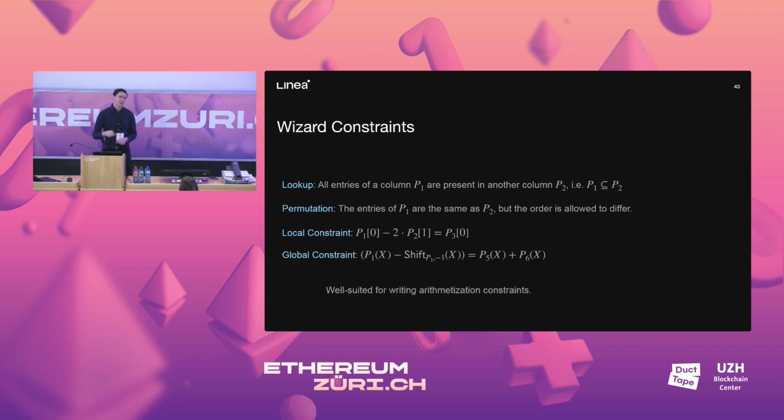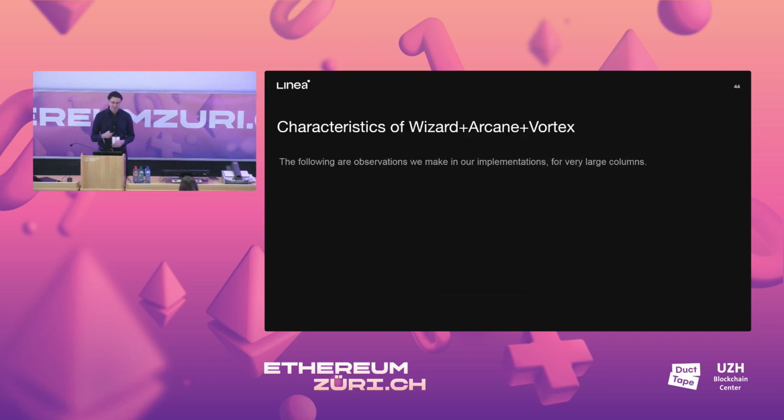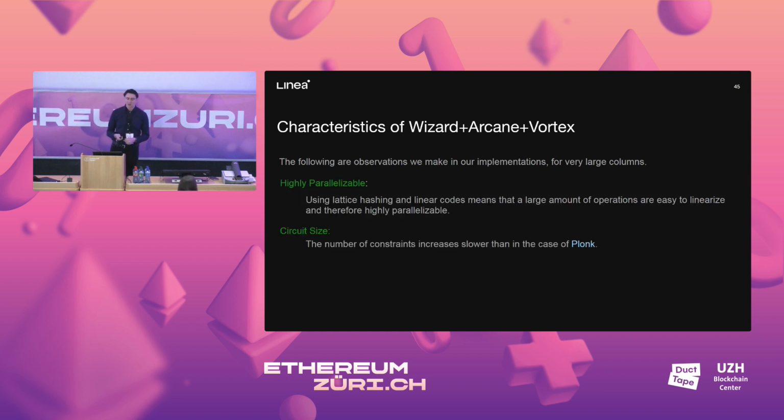And this language is well suited for writing arithmetization constraints, and the code-based proof system is also going to be quite well suited for checking these constraints efficiently. So what are the characteristics of this proof system? We have high parallelization because we use a hash function that is based on lattices, and the codes that are used are Reed-Solomon codes, which are linear.